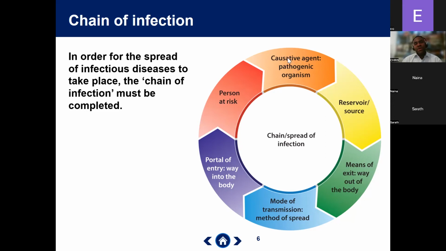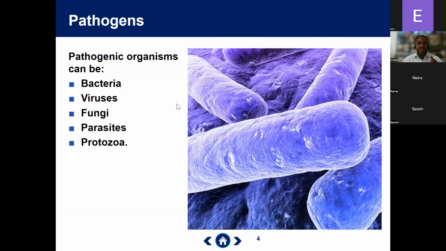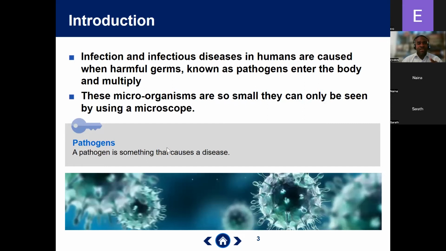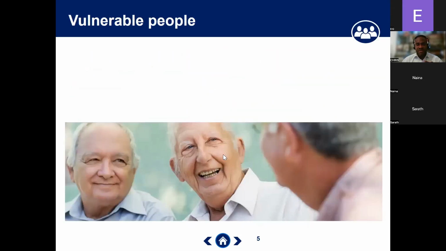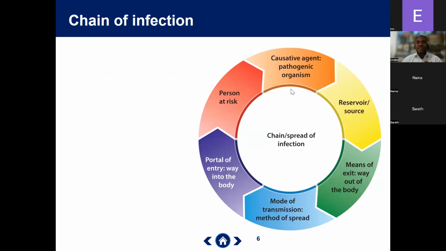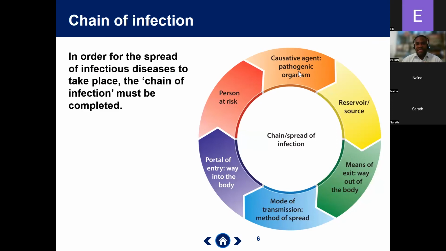So we call something the causative agent. The word causative is from the word cause. What's the cause of it? The causative agent is called the pathogenic organism. Don't forget, we talk about pathogen here. A pathogen is something that causes disease. So the thing that causes disease is the beginning point of the chain of infection.